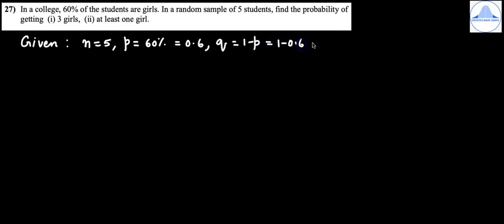So write given. First n is equal to 5, p is 60%, so that is 0.6, q is equal to 1 minus p, 1 minus 0.6 is equal to 0.4. Next, let's define x. So x stands for number of girls.